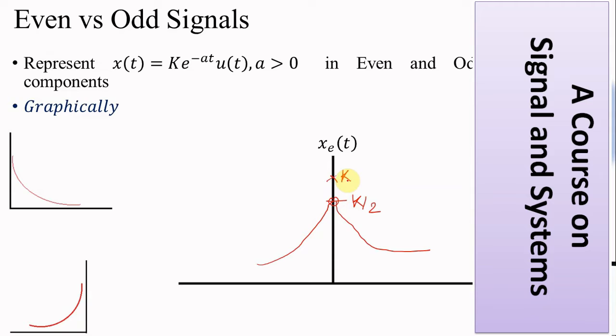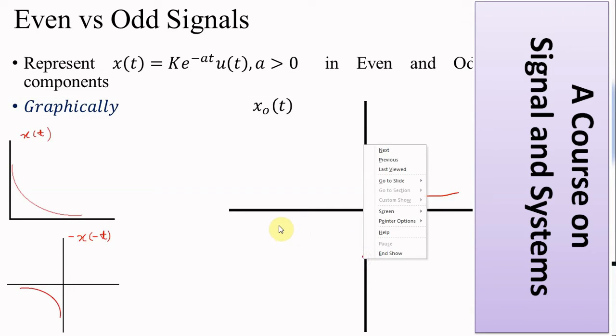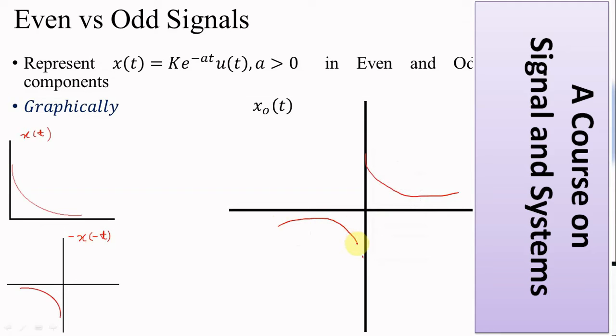Similarly, when I try to plot these odd components, you can see I have here x of t, and here I have minus of x of minus t. So I need addition of the two, because I've taken the minus sign in the signal itself. So I can add it. I can just write it like this. This is the first part, and this is the second part. By the definition of odd, the amplitude will be K by 2 at both the instances.